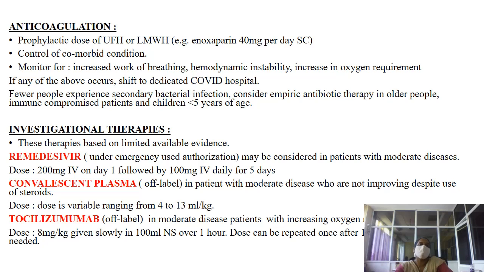If any of the above occurs, shift to a dedicated COVID hospital, and the patient should be monitored. For further bacterial infections, empiric antibiotic therapy can be added. We should see whether it is a geriatric population or immunocompromised patients, and then monitor, so anticoagulation therapy can be added.